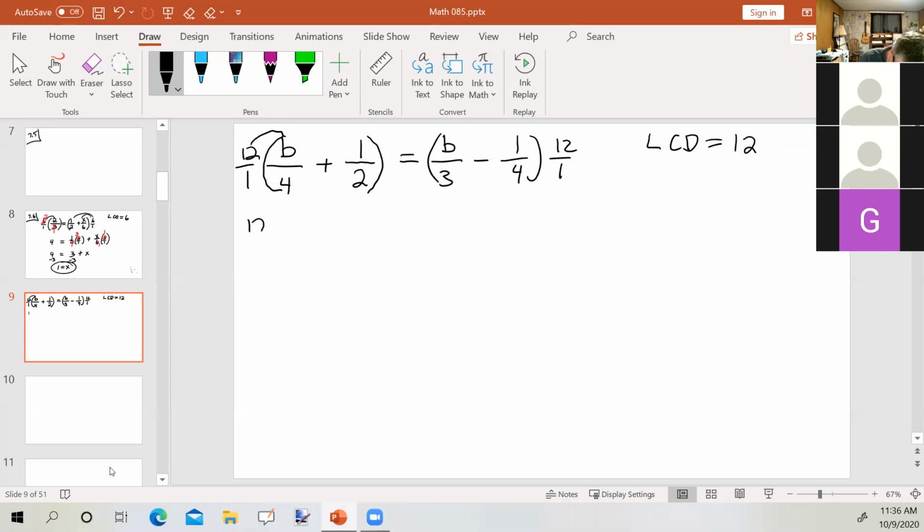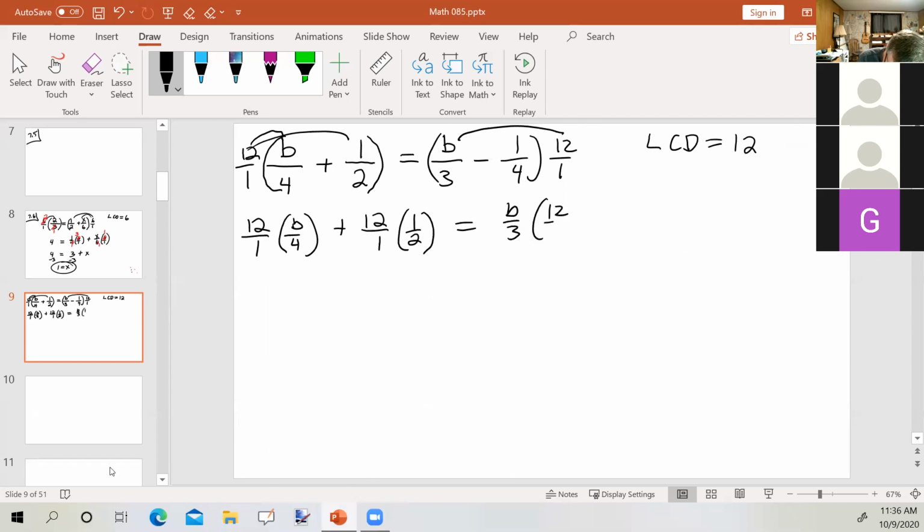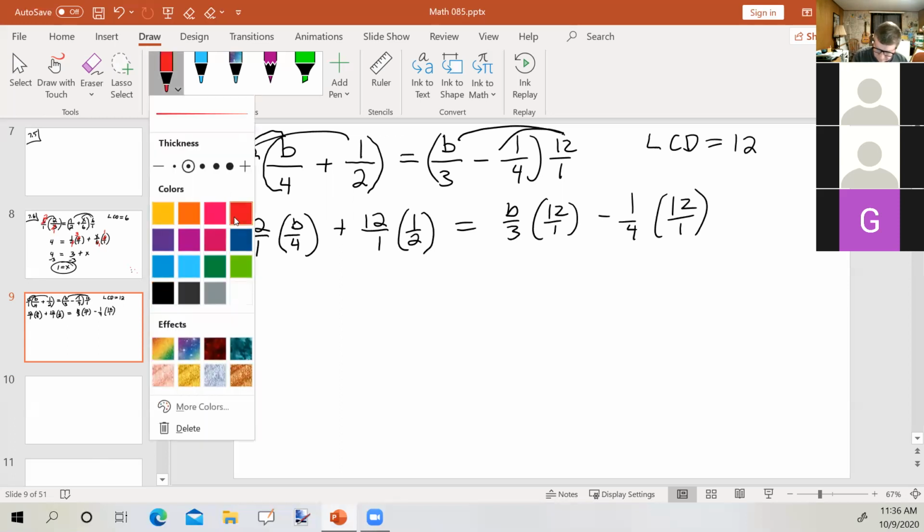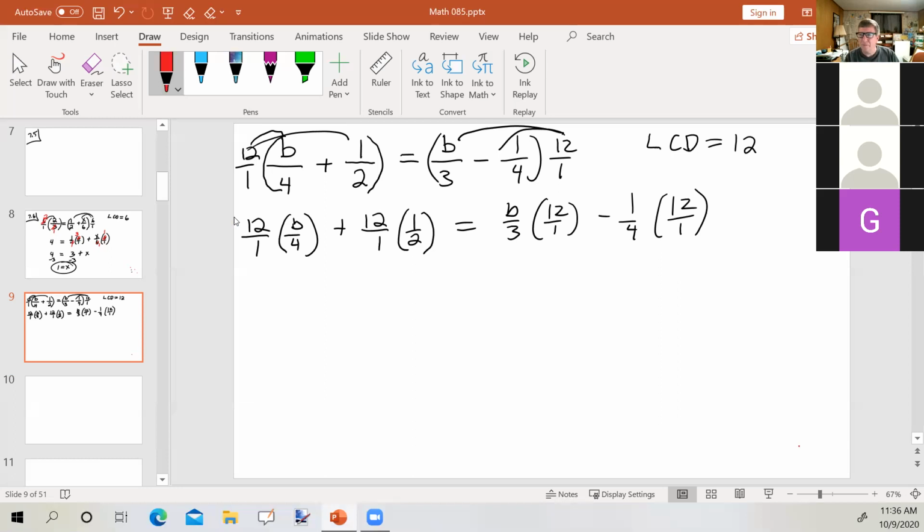So I'm going to get 12 over 1 times b over 4 plus 12 over 1 times 1/2 equals b over 3 times 12 over 1 minus 1/4 times 12 over 1. Okay? Any questions?